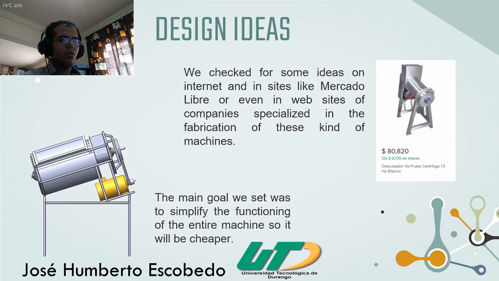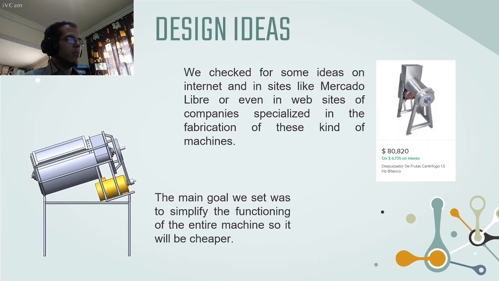First, we looked for some designs on the internet, and in some places we found this kind of design, and we liked them. But they are too expensive, so we decided to simplify the machine as much as possible so it will be cheaper.